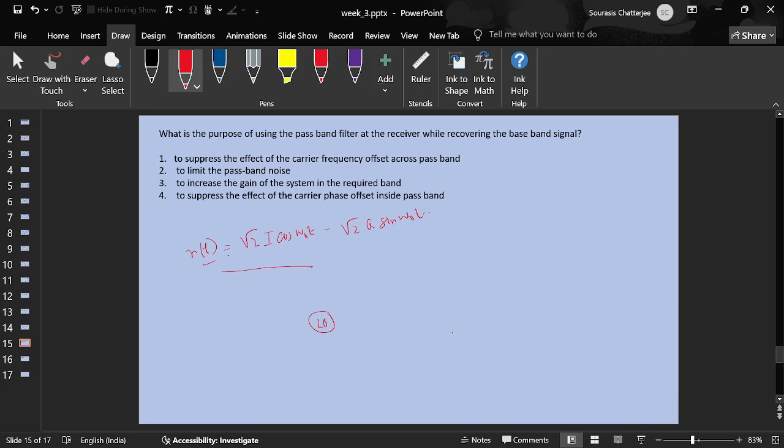The local oscillator basically generates a wave cos omega naught t. You feed r(t) onto that and it gets multiplied, and then you use a phase shifter to produce sin omega naught t and feed it, and then comes your passband filter, right? Passband filter here.